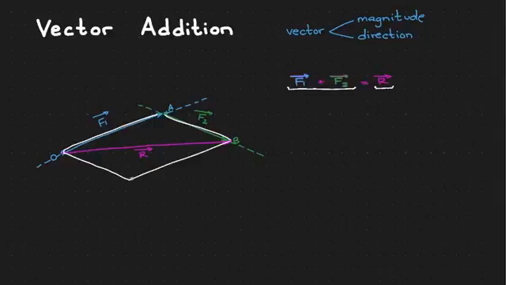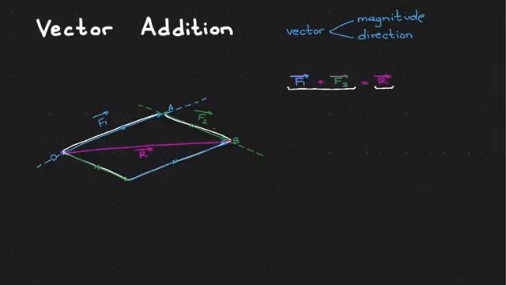Notice that this vector is equivalent to F1 because it has the same magnitude as F1 and it has the same sense of direction. And similarly, this vector is parallel to F2 because it has the same magnitude as F2 and it has the same sense of direction.